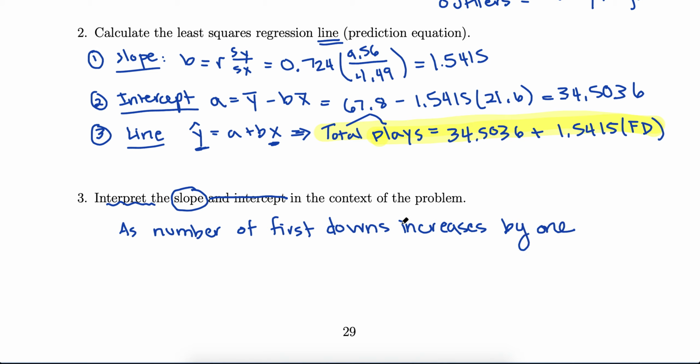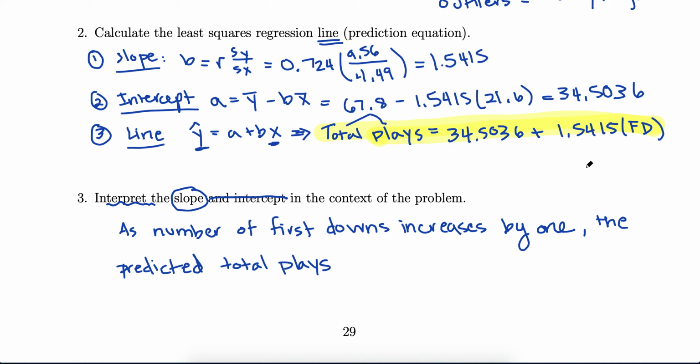okay, so always as x goes up by 1, the predicted, make sure you remember that word, the predicted y, and in this case, y represents total number of plays, so the predicted total plays. And then are we going to say, as first downs goes up by 1, predicted total plays increases or decreases?